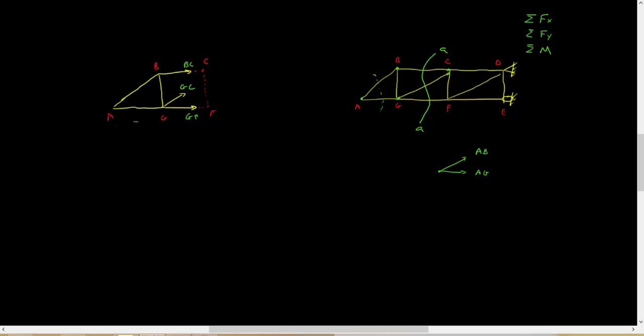And then we'd give the distances, and we would sum our moments or whatever we're looking at. As we do our example, that would make more sense. But just looking at free body diagrams.